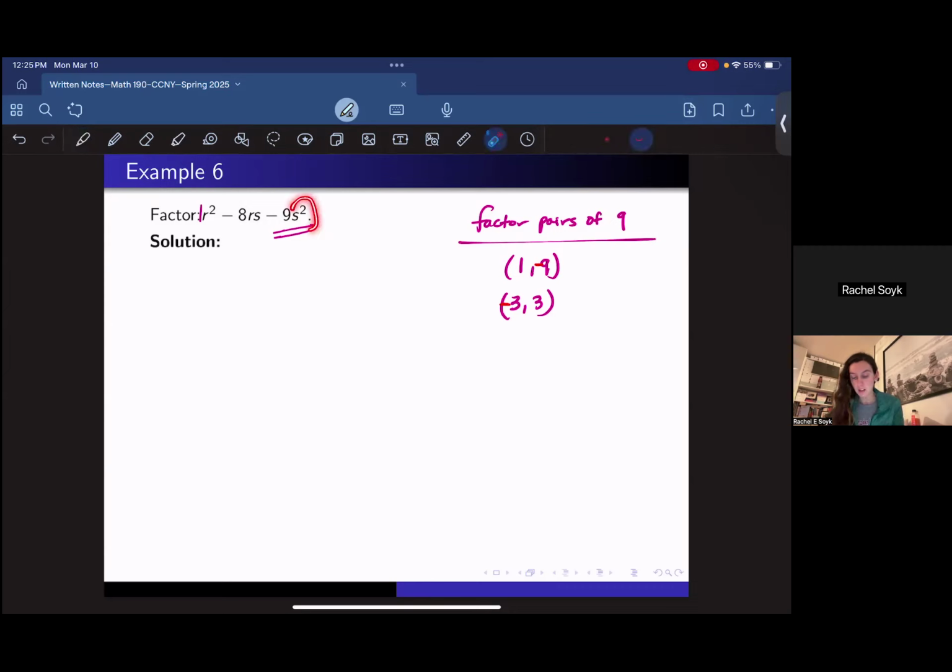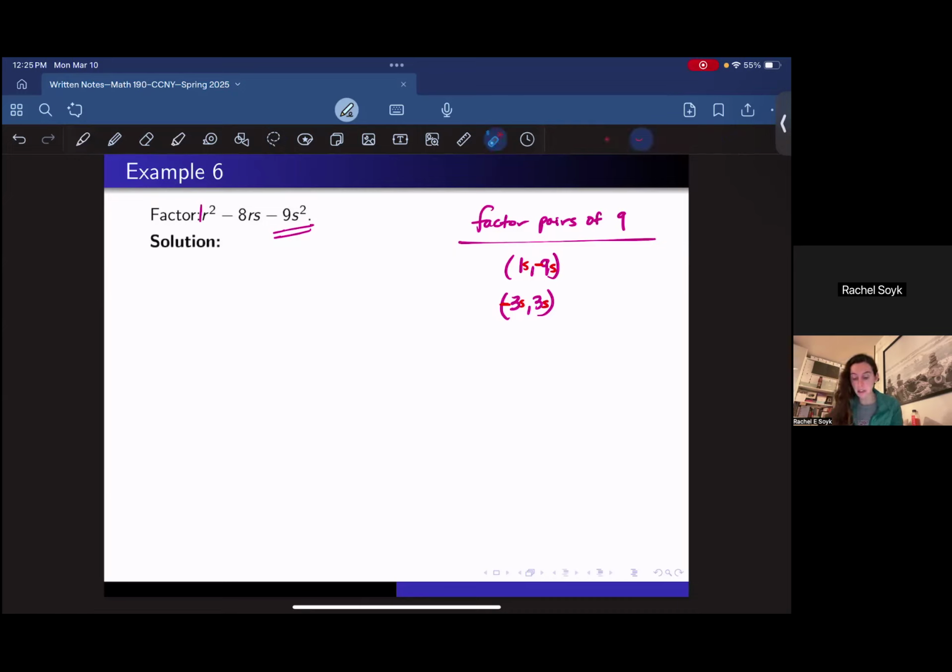But now let's look at this variable s squared. And so we can either put in an s squared for one of the terms and nothing for the other, or we can break up that s squared into like 1s and negative 9s, or negative 3s and positive 3s. And we're actually going to want to break it up.